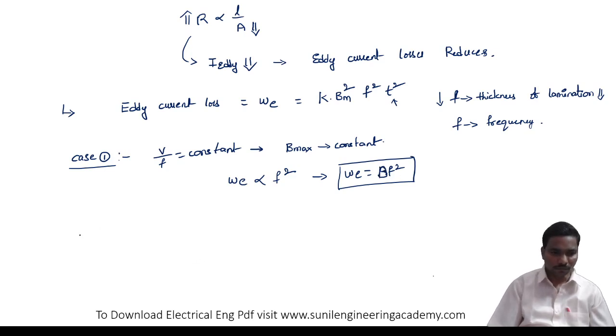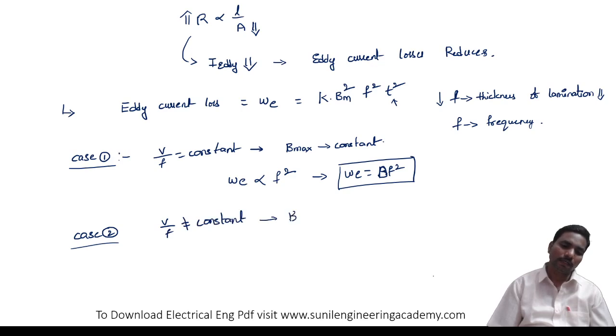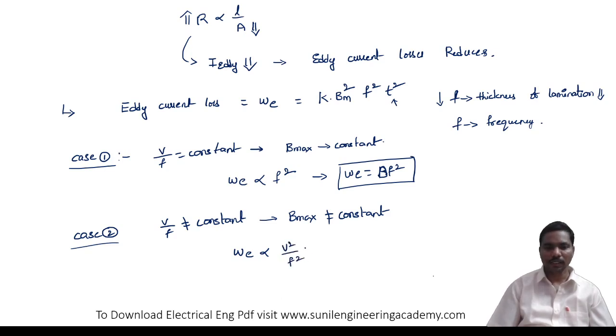Let us take case 2. If V by F is not a constant, then B max is not a constant. In that case, what will you get? W is proportional to K, which is a constant, into B max square, that is V square by F square, which is not constant now, into F square. T is a constant. Thickness of lamination is constant.